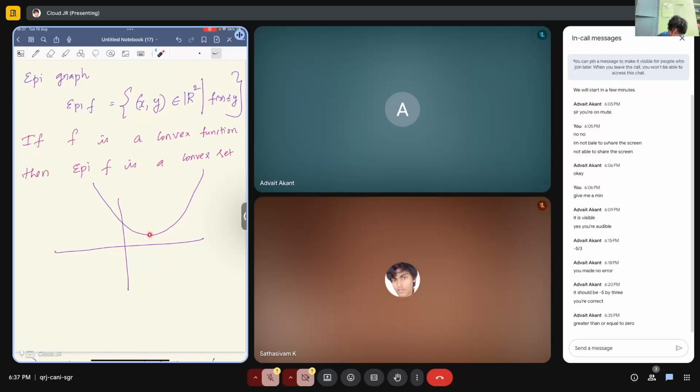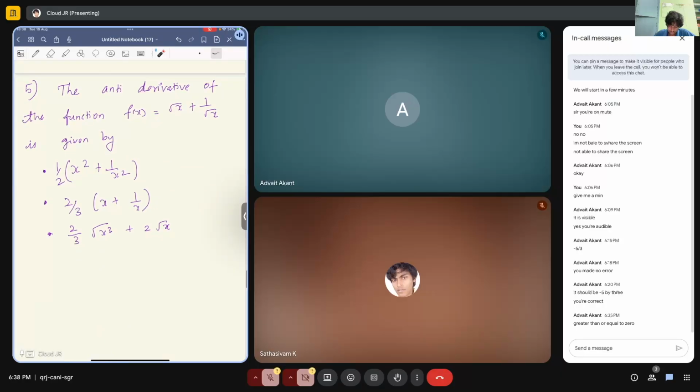So x is here, and f of x is here. So f of x has to be less than this length here. So basically this region which is above here is called the epigraph of a function.